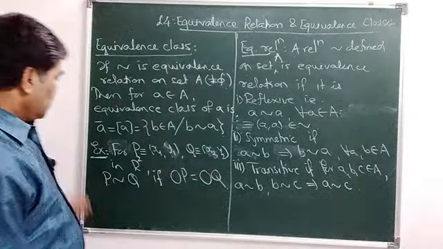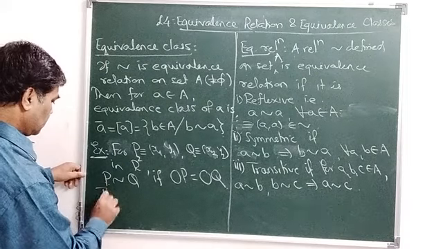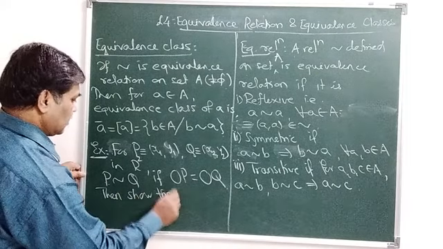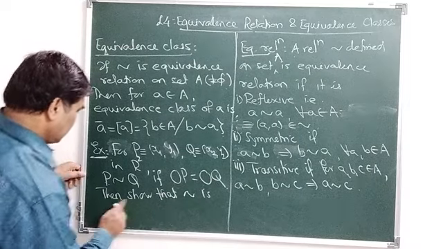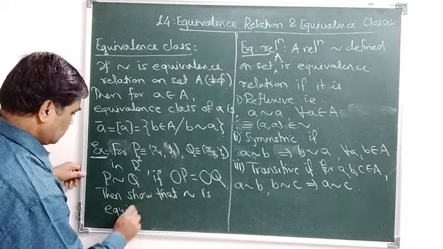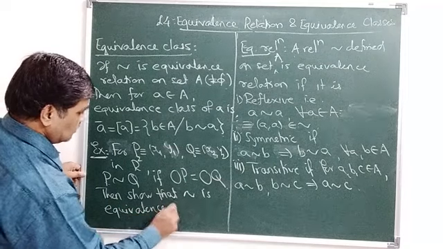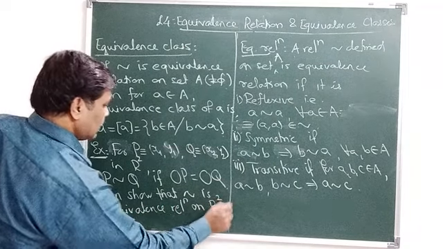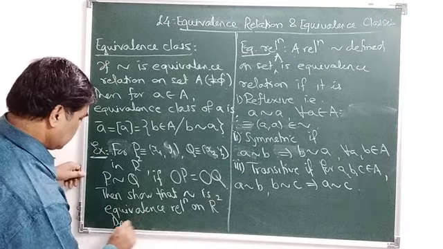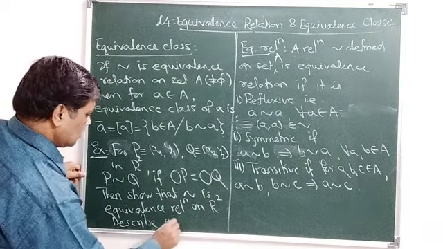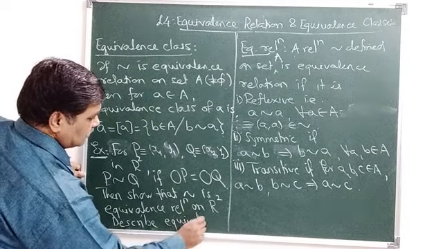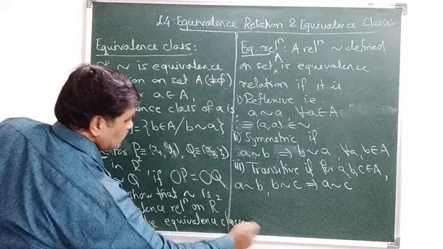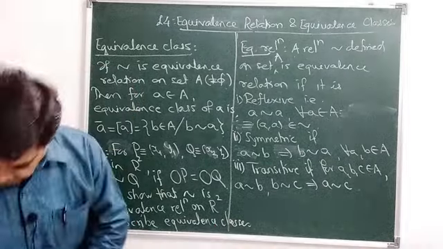Then show that tilde is an equivalence relation on R2 and describe the equivalence classes. This is our example.